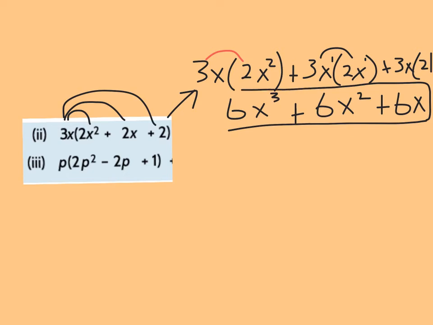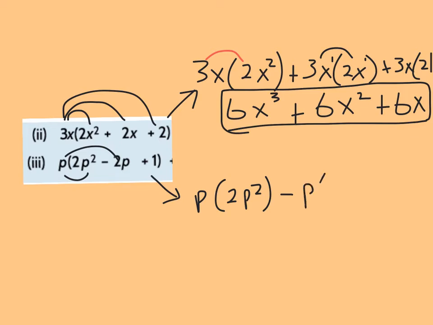That's my final answer. The one on the bottom then, so we have p by 2p squared, minus p by 2p, and p multiplied by 1, so plus p by 1.